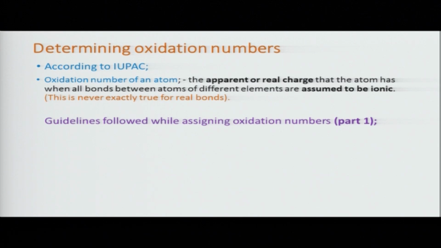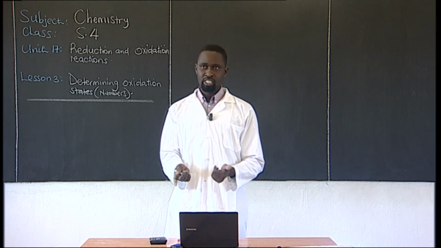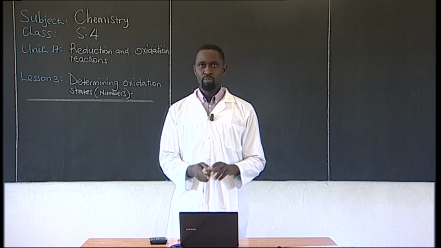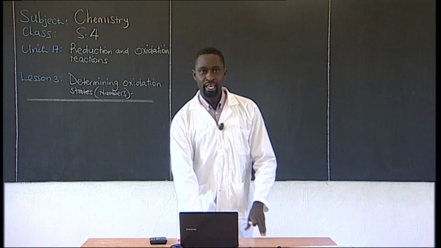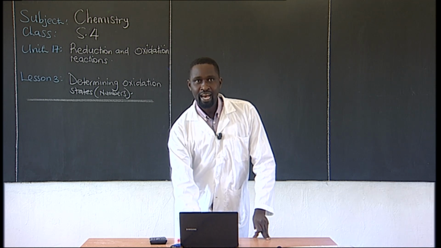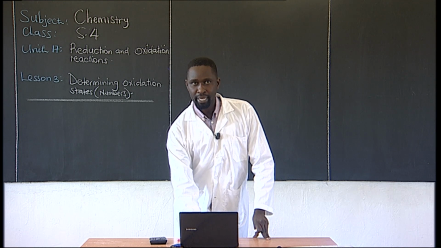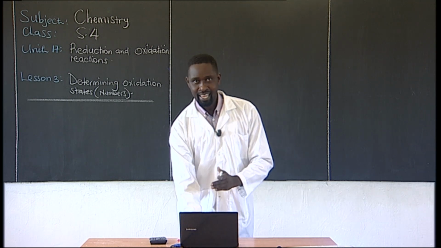Oxidation number was defined by R.U. Parker, basically, if I can paraphrase, as the number of electrons an atom is assumed to have either gained or lost in chemical bonding. And when we talk of losing or gaining, we are bringing in the aspect of ionic bonding, losing and gaining.